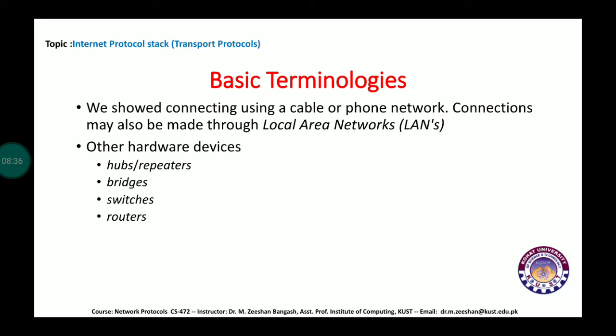And some of the hardware involved in communicating a packet or data from a sender to a receiver, which we can call intermediate nodes, comprises hubs and repeaters, or bridges or switches, or routers, and each device works on a specific layer. We will talk about that in the upcoming slides.